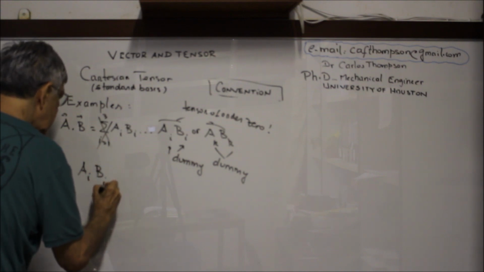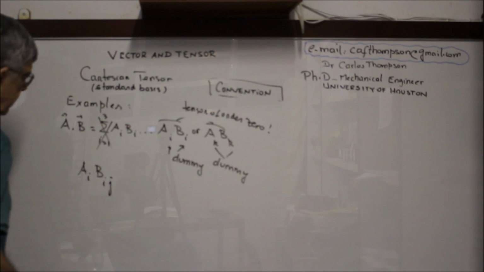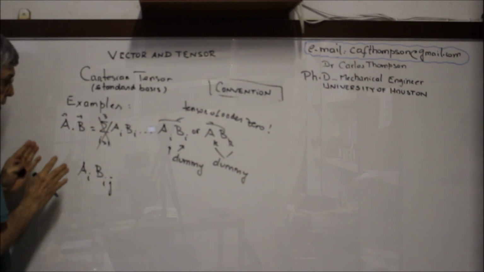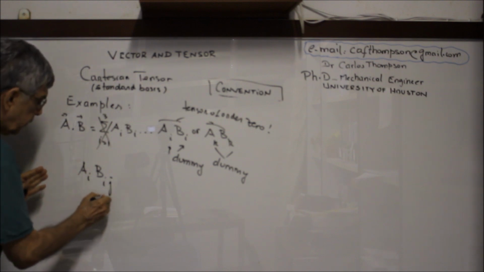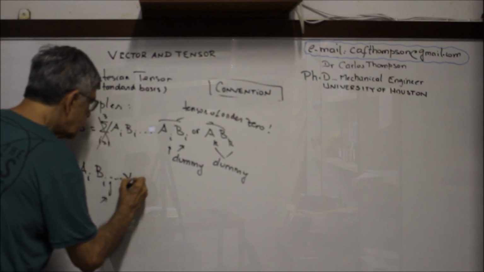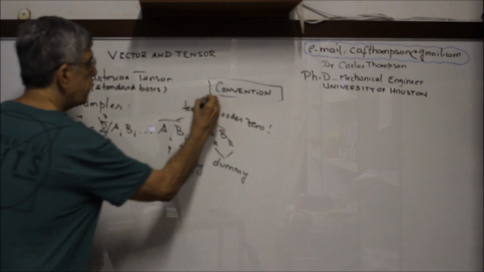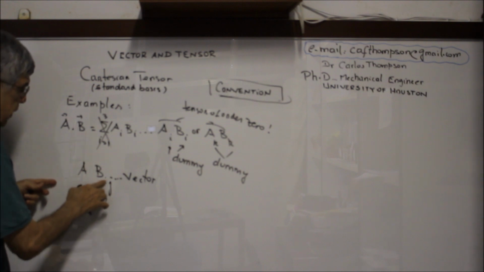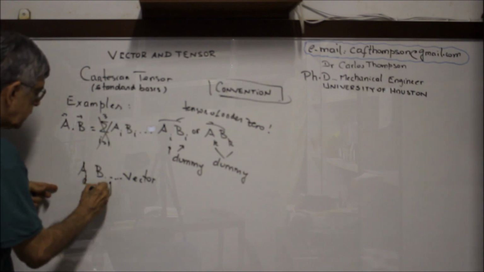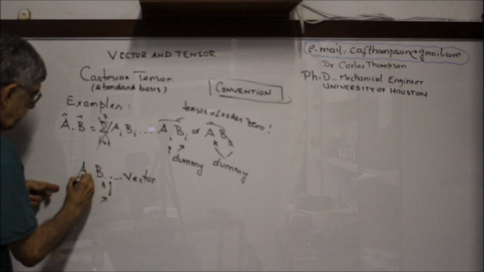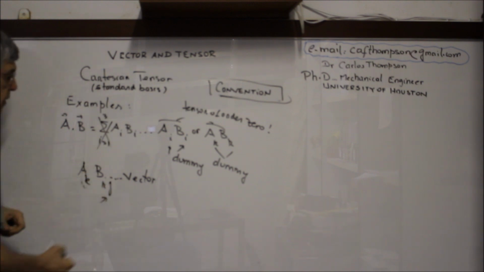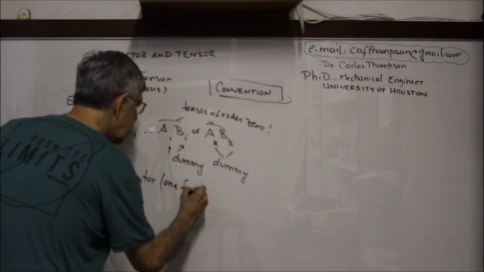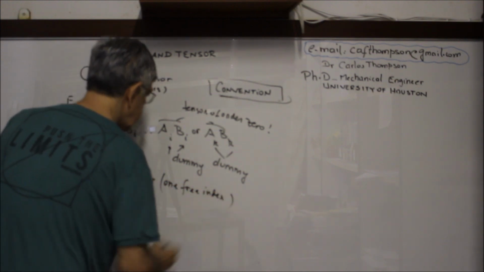Now suppose you have, for instance, A_i B_ij. Look at the free index. There is only one free index, so for sure this is a vector. By convention, this is a vector. i is dummy. If I put k and k here, this is dummy, and this is a free index, a vector. One free index.